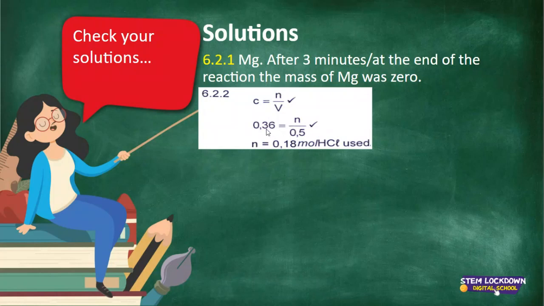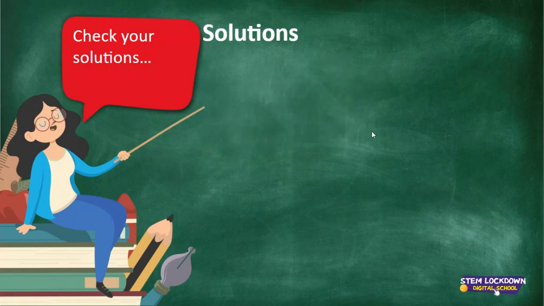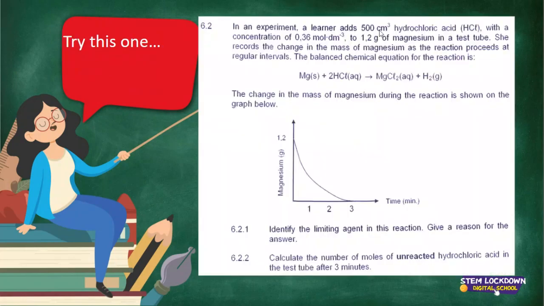We do that by saying concentration: we're given the concentration of hydrochloric acid, which is 0.36. And the number of moles is what we do not know. And the volume there was 500 cubic centimeters. And what did we say about 500 cubic centimeters? It needs to be converted to cubic decimeters. If we convert that, we divide by 1,000 and we get this value to be 0.5.